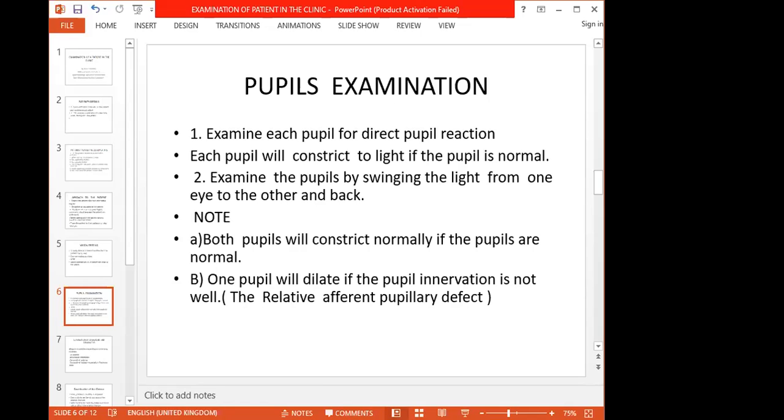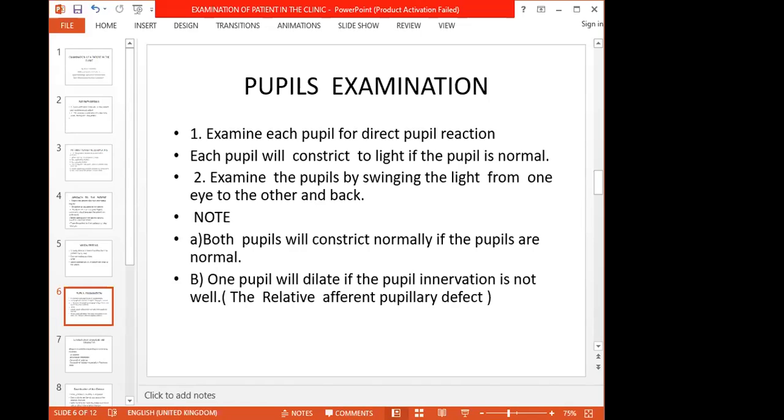Okay, absolute defect. When you shine a torch there will be no reaction. It's absolute, in both eyes. If both are completely blind, it means we are saying they have non-functional optic nerves.